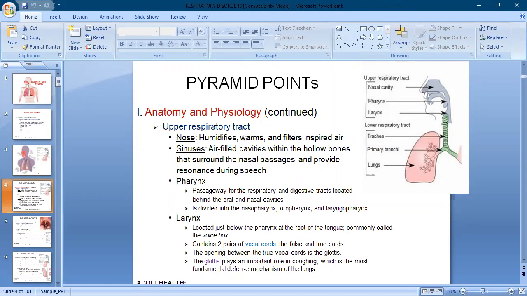So the upper respiratory tract starts with the nose, then continues to the sinus. The sinus is an air-filled cavity. These cavities contain air and make our bones lighter.